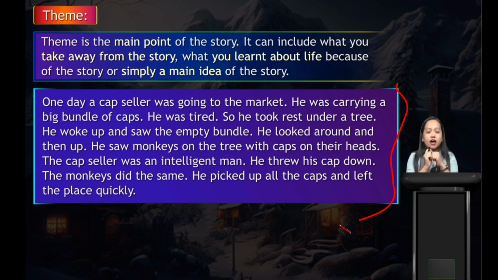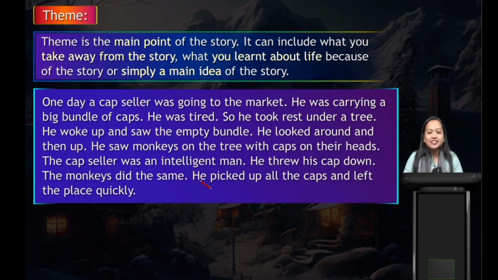And what happened? The problem starts. How will he take back those caps from the monkeys? He thinks, and then what? He is an intelligent man, right? So he saw that those monkeys are doing the same thing as he acts. So what did he do? He threw his cap down, and the monkeys did the same. That's how he solved his problem, right?